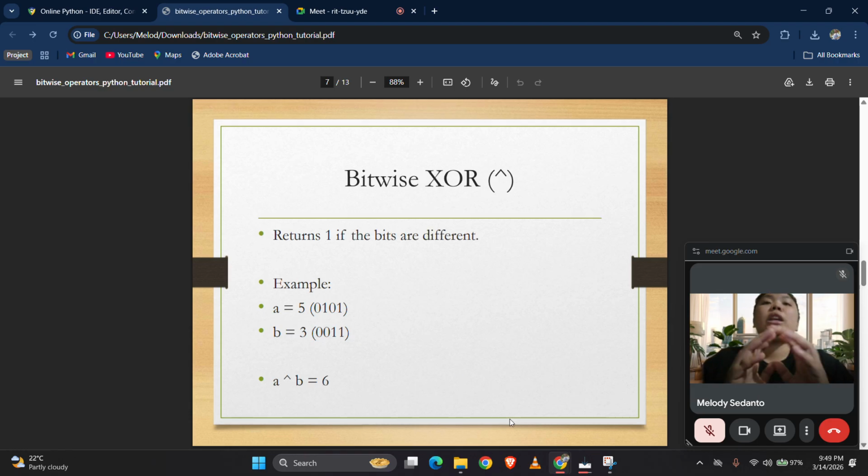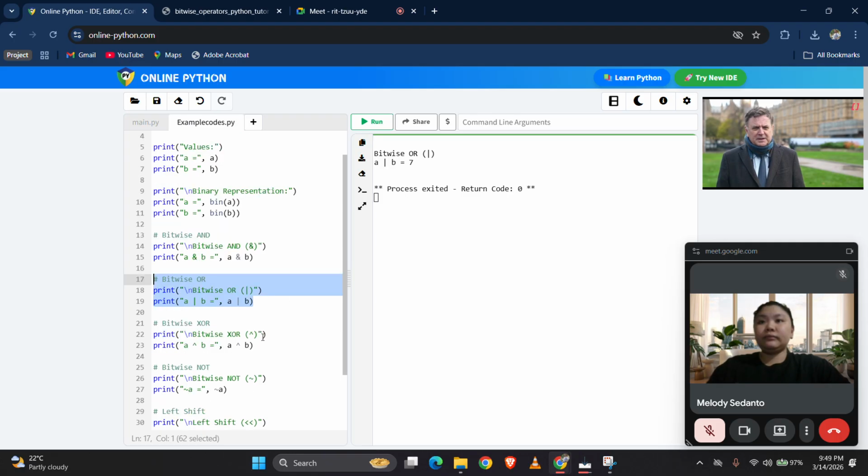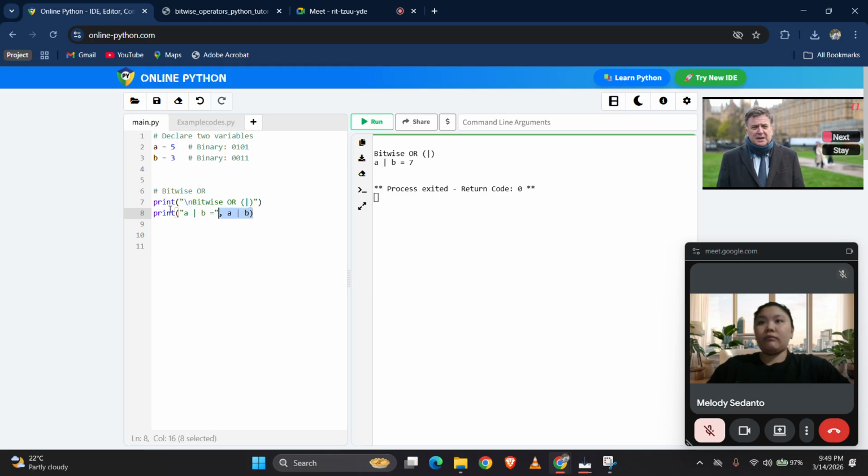So the bitwise XOR returns 1 if the bits are different. So let's do this. We apply it to 5 and 3. So let's run.